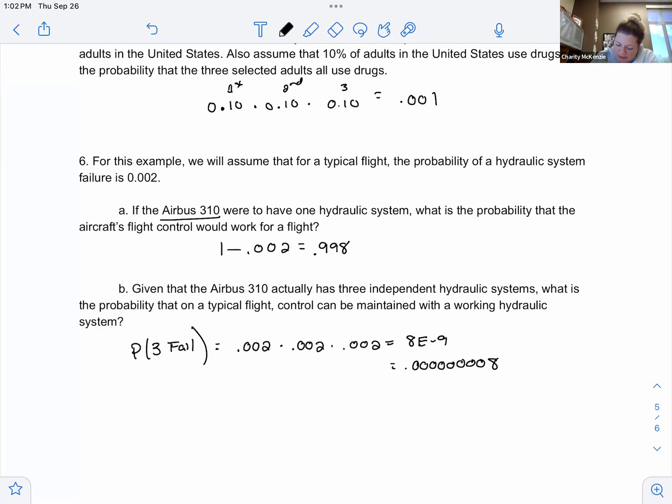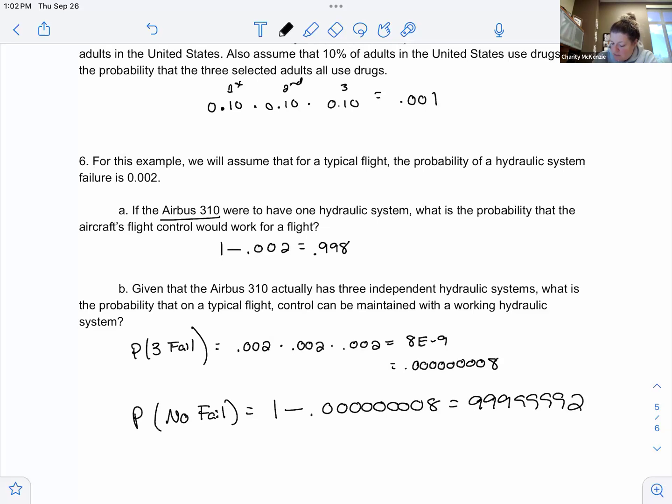So our probability of no failure would then be 1 minus that, which is going to be 0.999999992. All right, my numbers got a little sloppier. So I had to use the failure and subtract it.